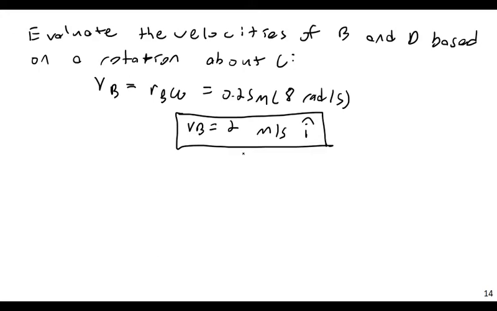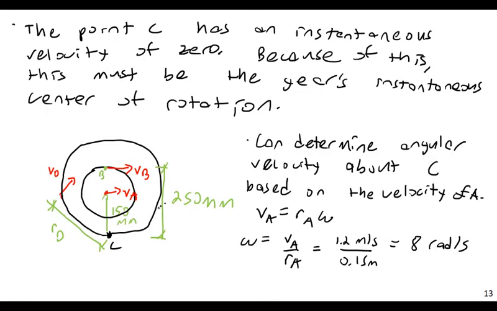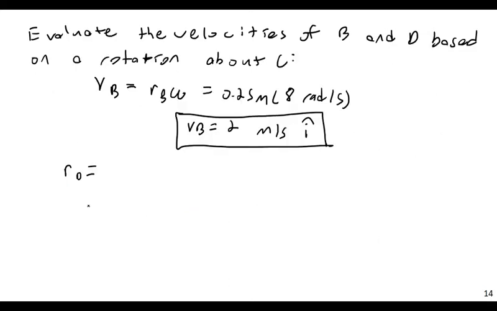And then, what else can we do? Well, I can find RD by trigonometry. It's 0.15 meter here, and this will be 0.15 meter here, and it's at a 45-degree angle. So RD is just going to be 0.15 meters times the square root of 2.